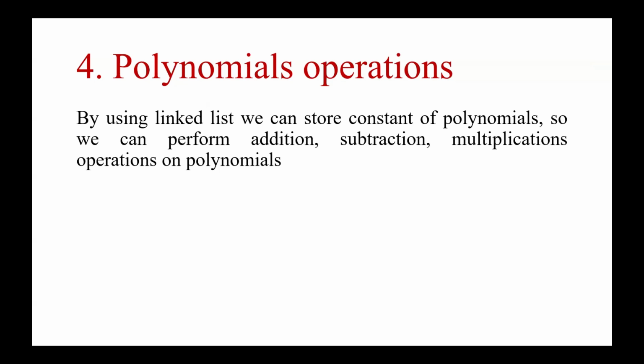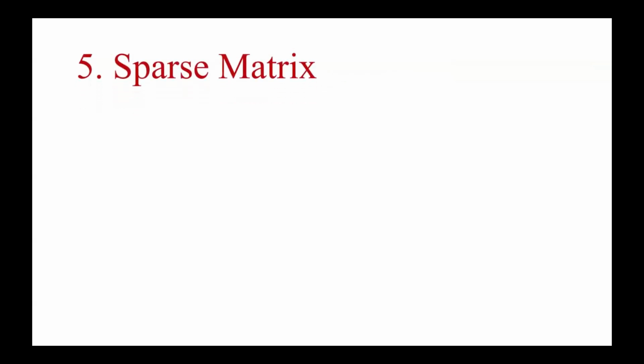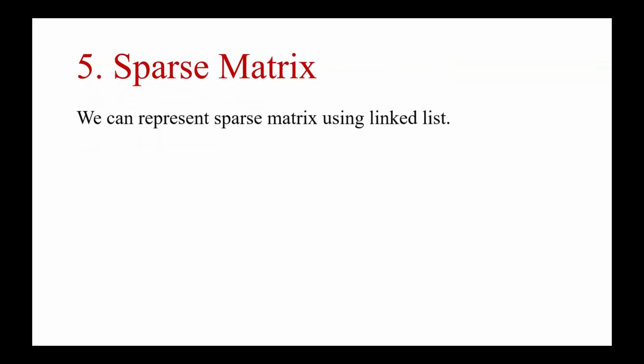In the information part, we store the constant of the polynomial, so that we can easily perform addition, multiplication, or subtraction. Sparse matrix is a matrix where most elements are zero, so we can represent it in a linked list to store only the non-zero values.